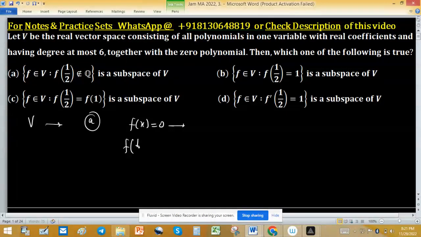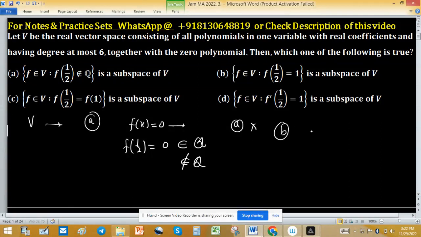So f(1/2) equals 0, and 0 belongs to Q, but the condition on the set given in option A says it should not belong to Q. That's why option A is not a subspace.